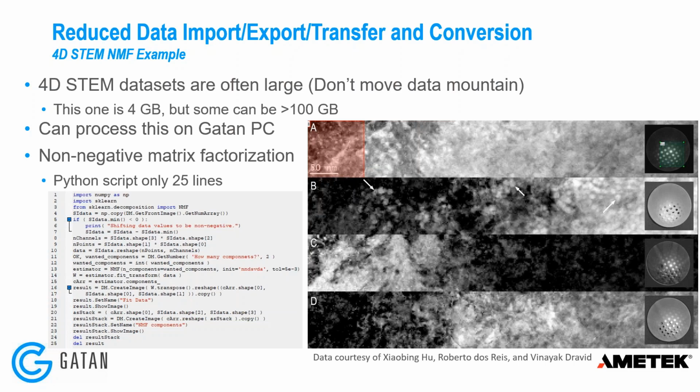And this is in the help file as an example for EELS: using Python to do non-negative matrix factorization of an EELS spectrum image. So that is an example that's already in the help about using Python for EELS spectrum images. Certainly you can use Python to analyze EELS data within GMS.